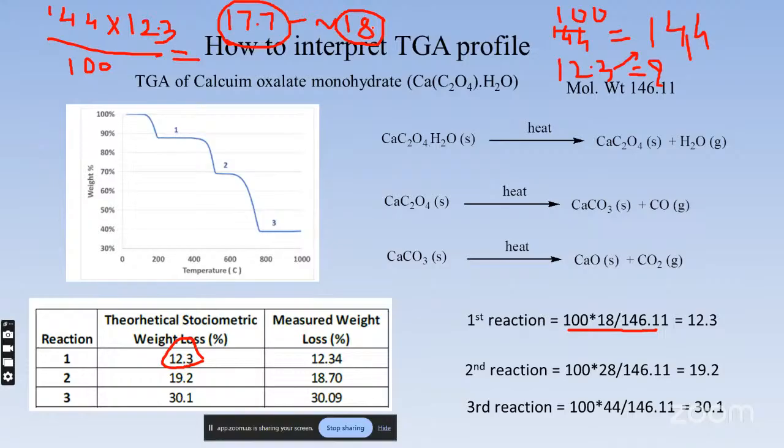The second step is something like this. We have to again use this kind of formula. Now the initial 100% weight can be assigned to a molecular weight of 144. Okay. Now how much is the loss? 19.2%. If 100% is there, molecular weight was 144.